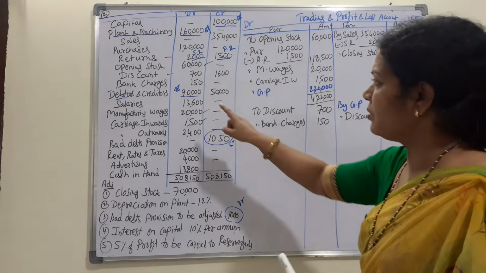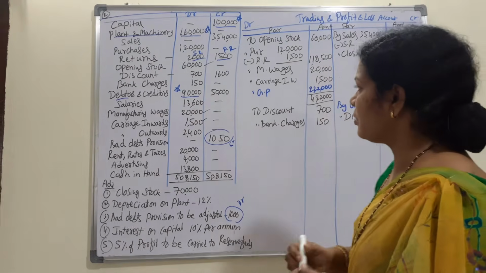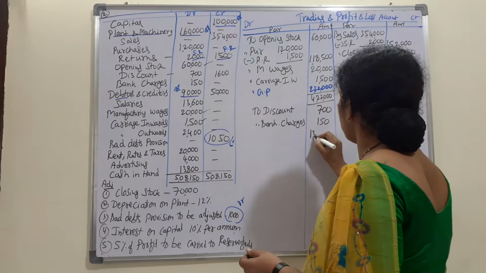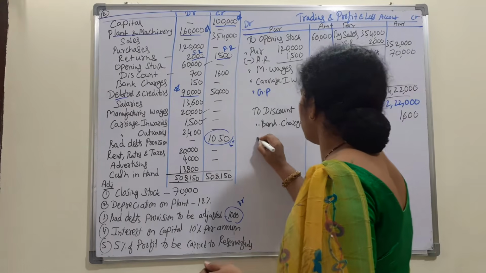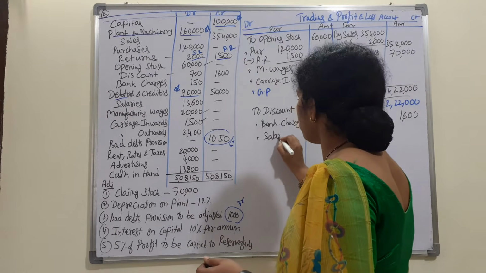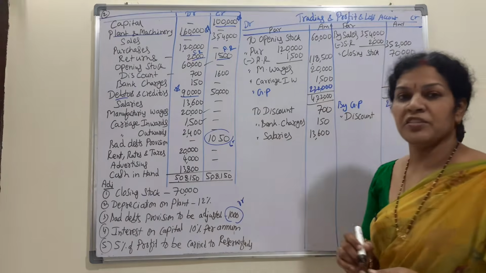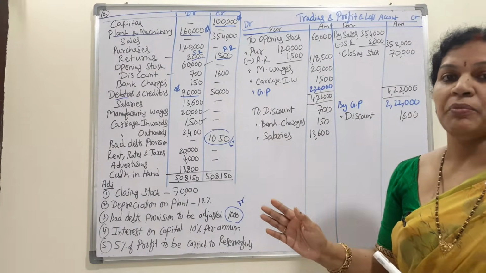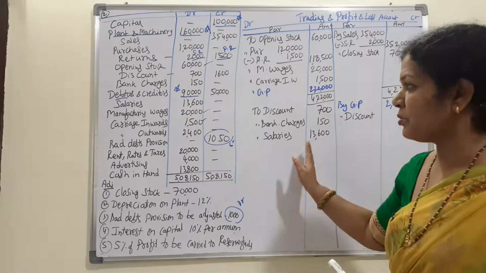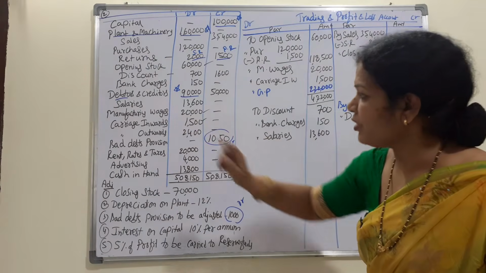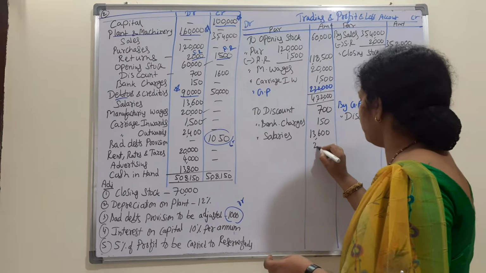Next, salary is 13,600. If any adjustments are there, we could have written some tick marks so that we won't forget to take that adjustment. Anyway, no adjustments. Carriage outwards 2,400.